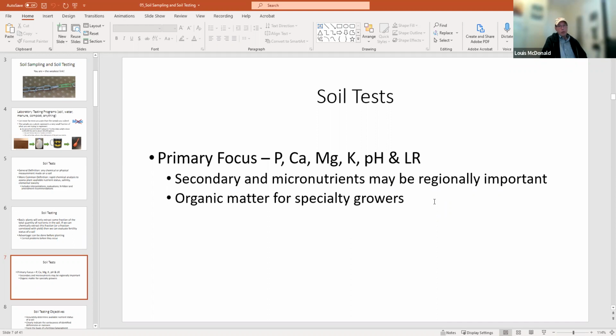And so our laboratory, the WVU Soil Testing Laboratory, will offer P, calcium, magnesium, K, pH, and lime requirement for free. You can pay for some of the micronutrients, not all of them. And organic matter you can also pay for.